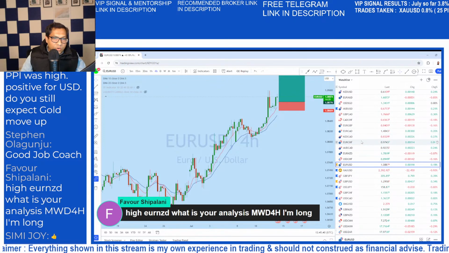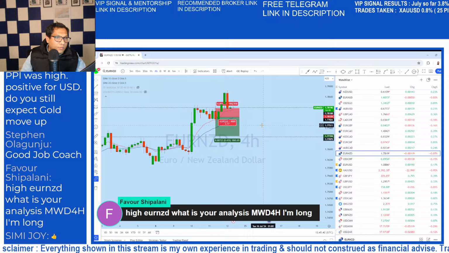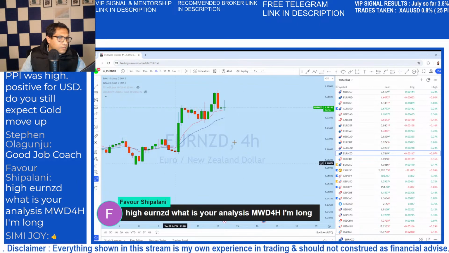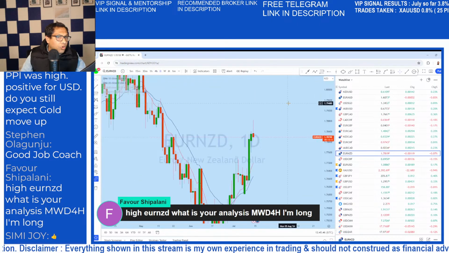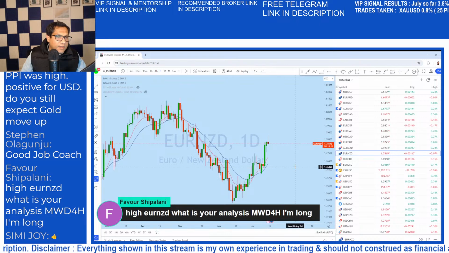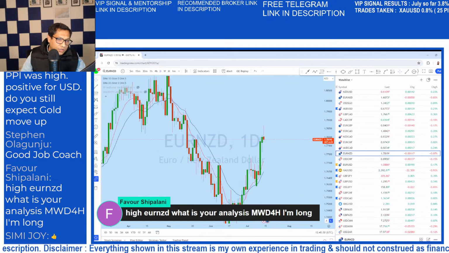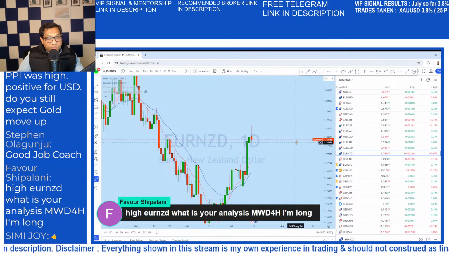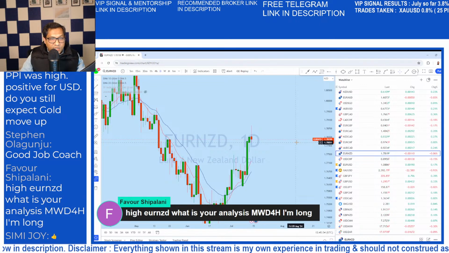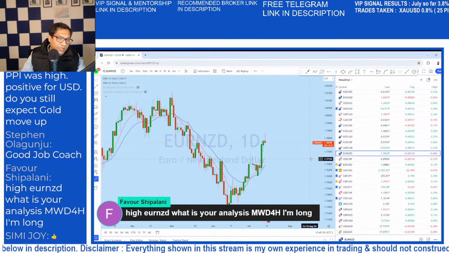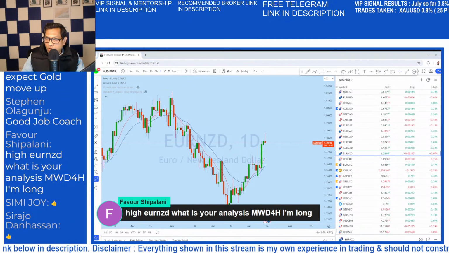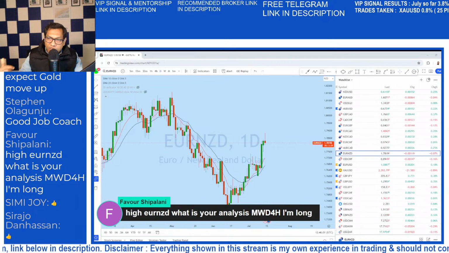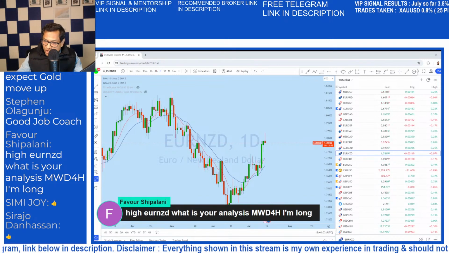So you're looking at Euro and ZD. From the daily, it's a bullish market structure. Market structure is very important. Most of my trading decisions I take based on the market structure, because when you look at the market structure, you can see the directional bias in the market.